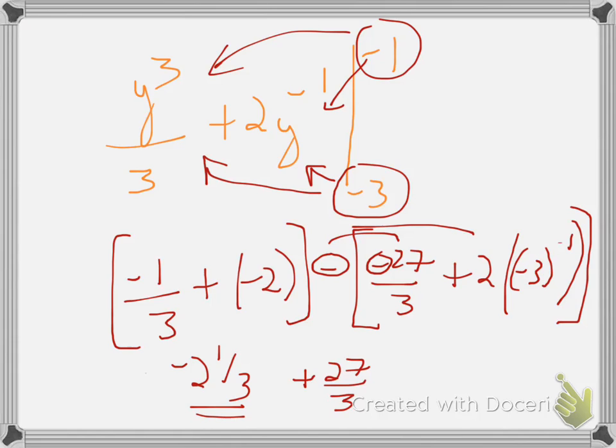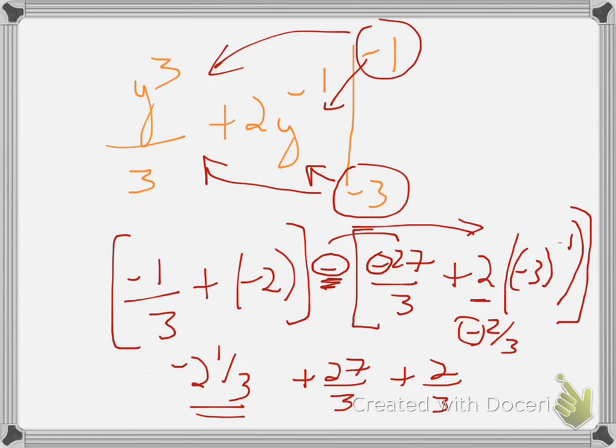And over here, -3 to the -1 really means 1 over -3. So that's -1/3, and then times 2, which is -2/3. But like I said, you're negating -2/3, so in the end it's going to be positive 2/3.